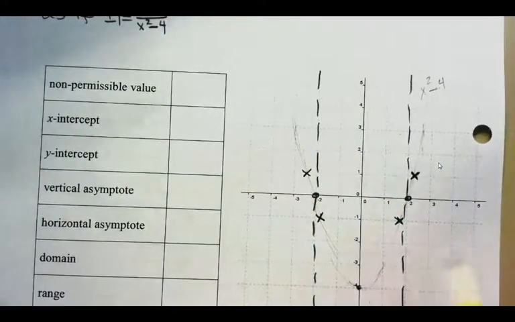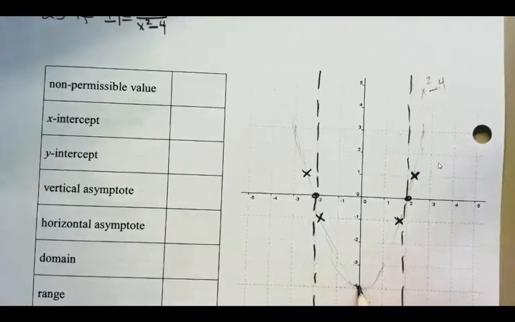Okay. Now, I also need to know where this point ends up going. So this point in the parabola is -4, right? Now I'm graphing 1 over x squared minus 4. So what happens to this point?